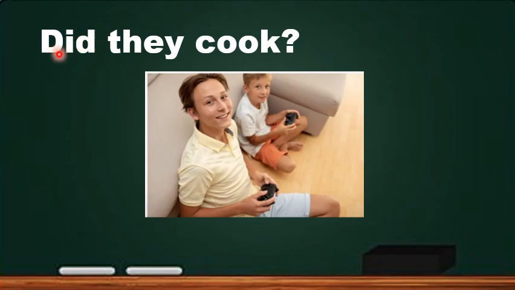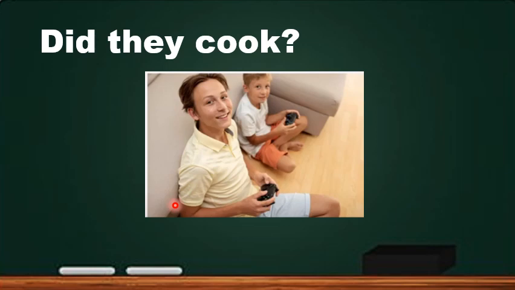Let's look at the example. Did they cook? This is a past tense question, so it means that you have to answer the question by using past tense. However, we have to look at the picture. What were they doing? They were playing video games.